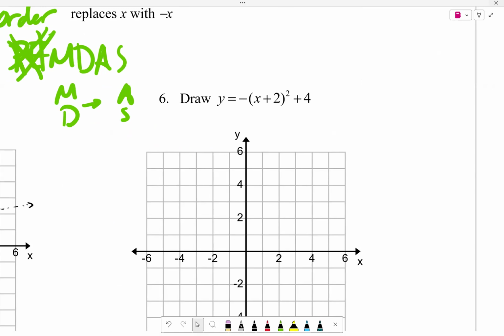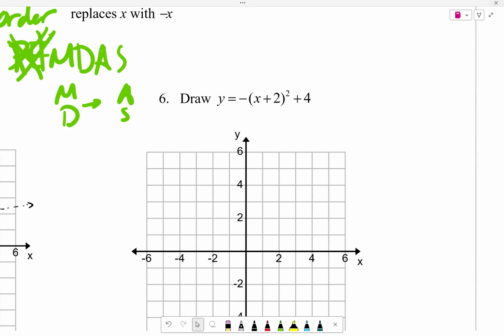Yeah, the -1 is being multiplied, which is going to take our parent function and flip it over, or reflect it over the x-axis. And then the 2 is going to move it. Now 2 is inside, so it's 2 to the left, counterintuitive, remember that. And then 4 is on the outside, so it's going to go 4 up. Does that make sense?